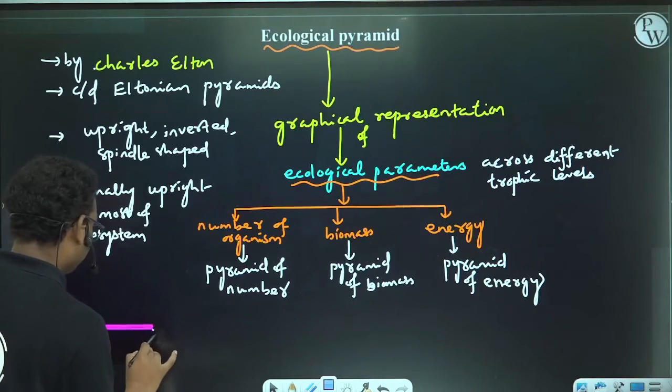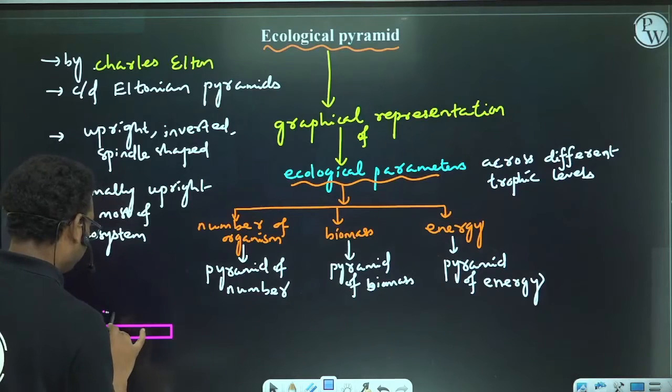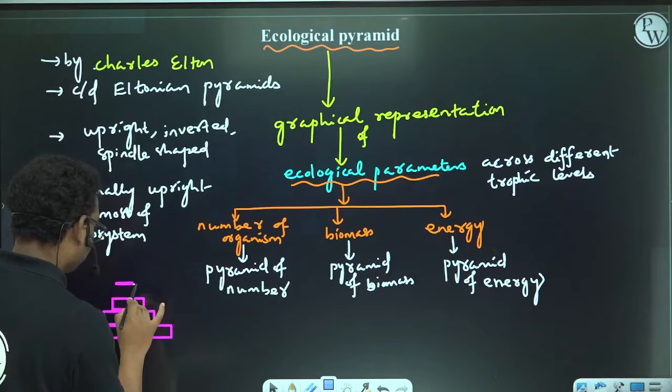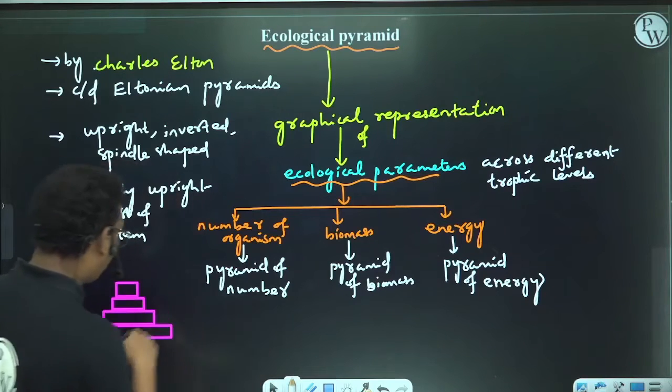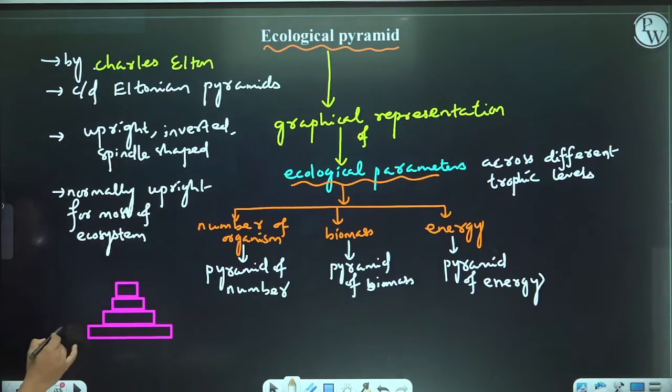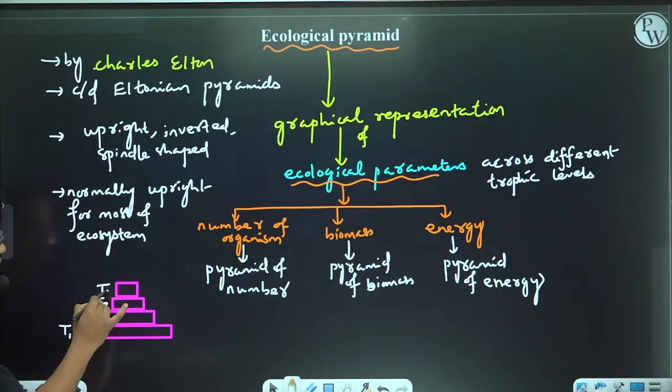Suppose these are the various trophic levels. At the bottommost side will be the first trophic level, then the second trophic level, third trophic level, and fourth trophic level. That means producer, primary consumer, secondary consumer, and tertiary consumer, like this.